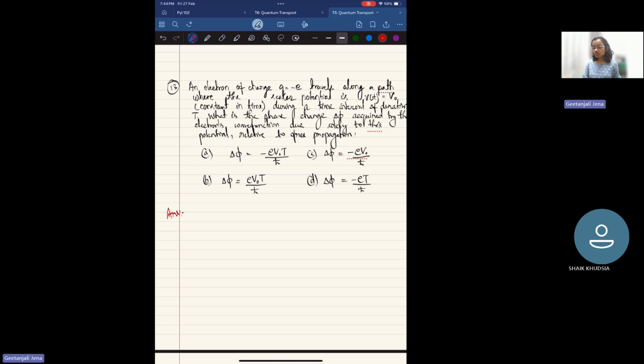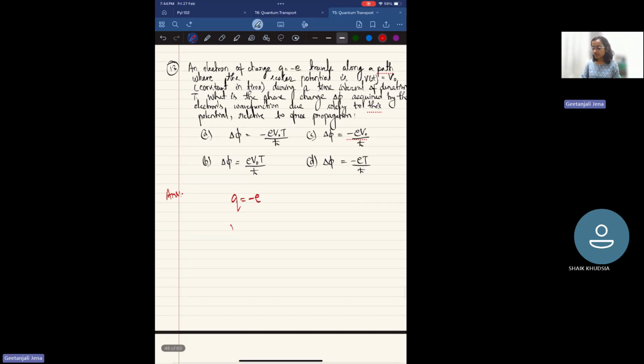An electron of charge q equal to minus e travels along a path where the scalar potential V(t) is V0 and it is constant in time during a time interval of duration T. What is the phase change acquired by the electron wave function solely due to this potential relative to the free propagation?